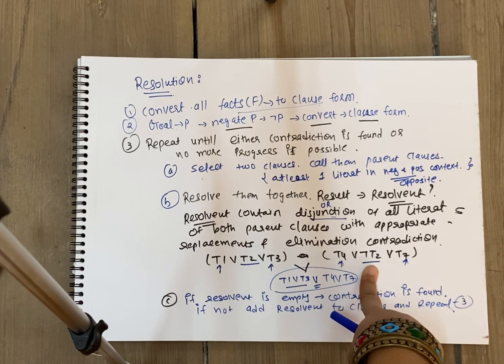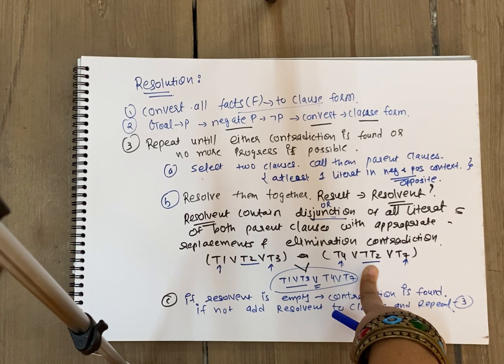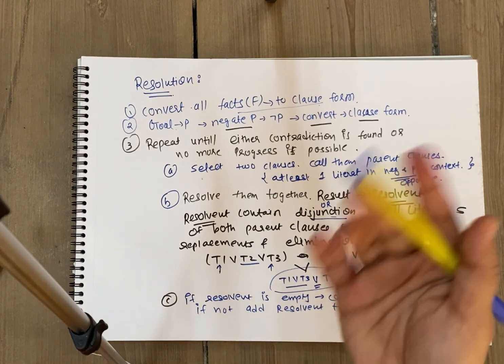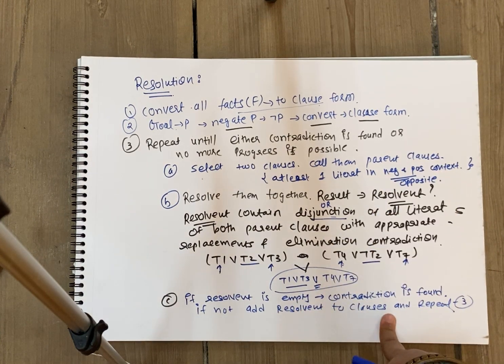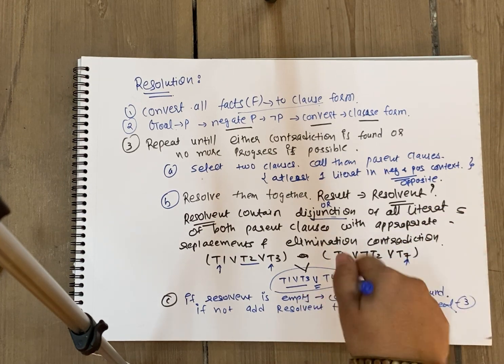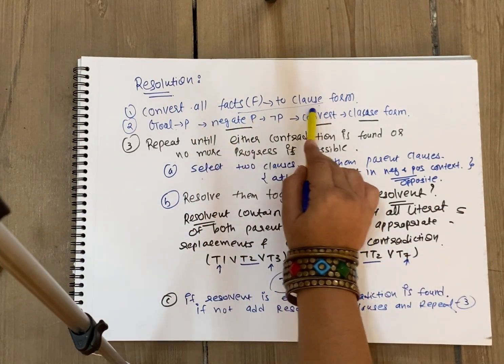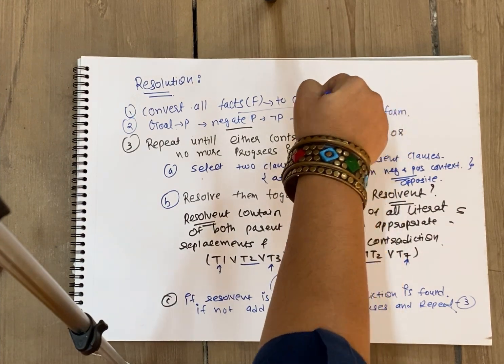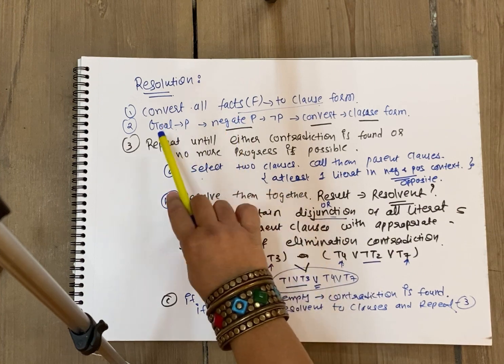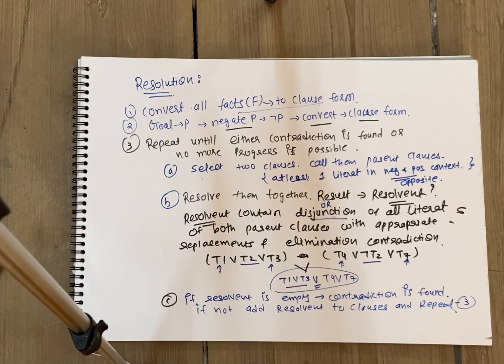Whenever possible, resolve with one of the clauses that is part of the statement you are trying to refute. It means the goal should always be considered as one of the parent clauses. Whenever a resolvent is generated, that resolvent by default will be one of the parent clauses, and the other parent clause is going to be selected from the clauses we already have. So we'll try to reach a contradiction and prove our goal by applying resolution. Are you getting this? So this is the algorithm of resolution that we had to discuss.